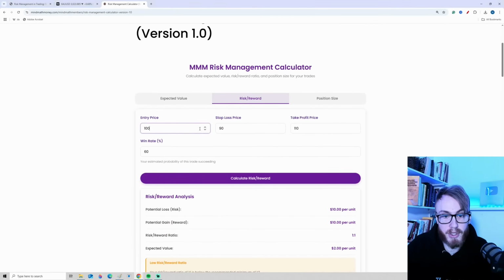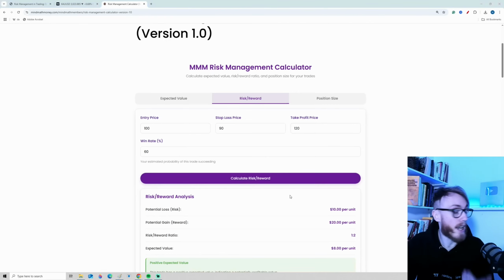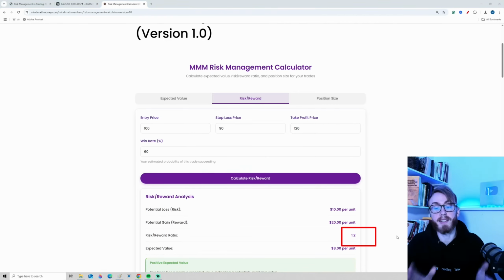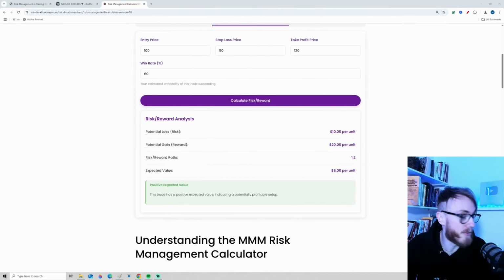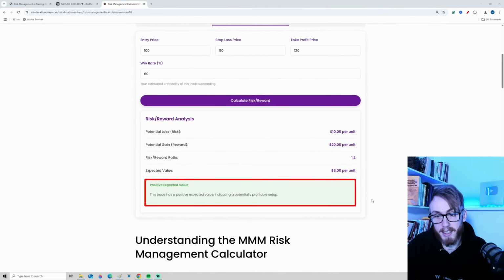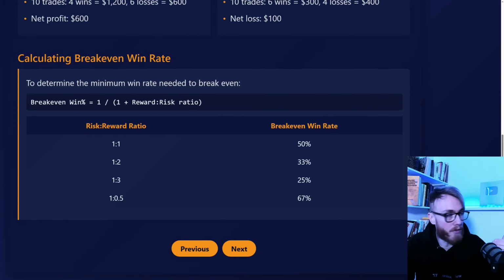So let's choose a 1 to 2 risk to reward, which will be if we have a take profit at 120. Let's calculate. As you can see, our risk to reward is now 1 to 2, and once again we have a very, very nice positive expected value. So now you have a basic understanding of risk to reward.